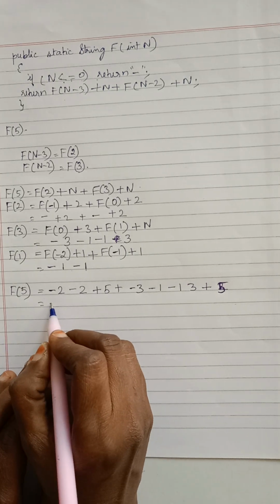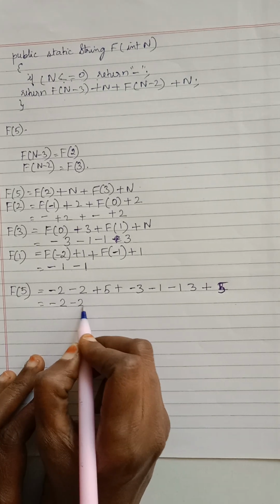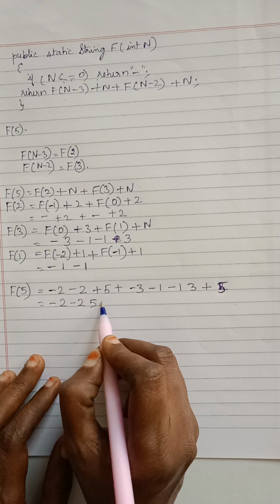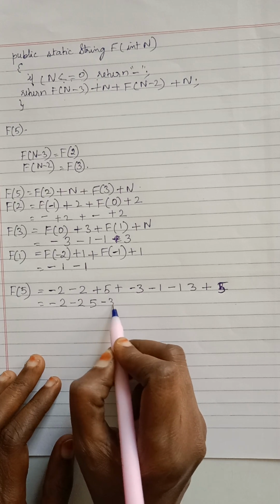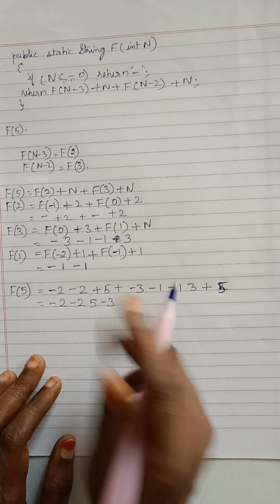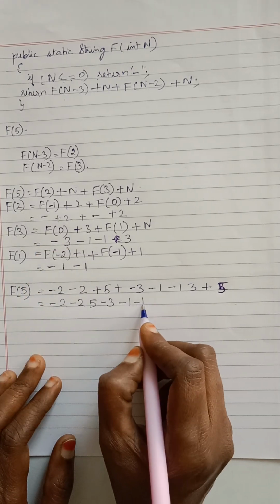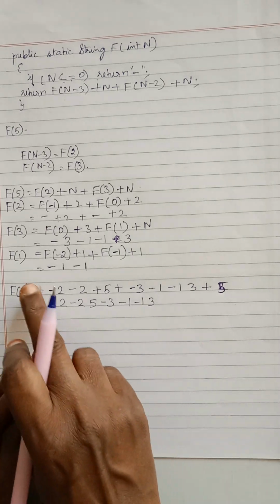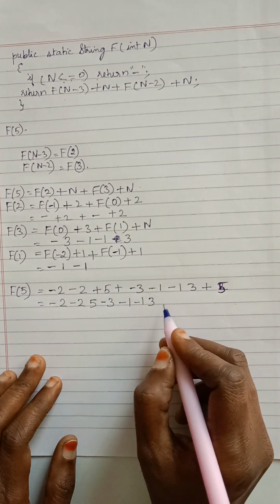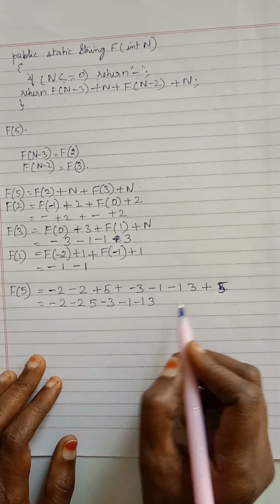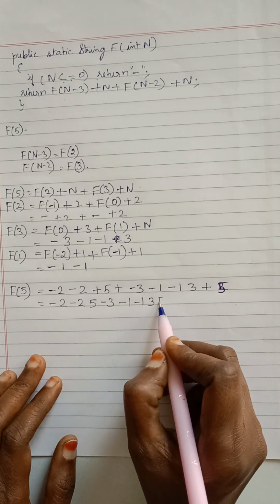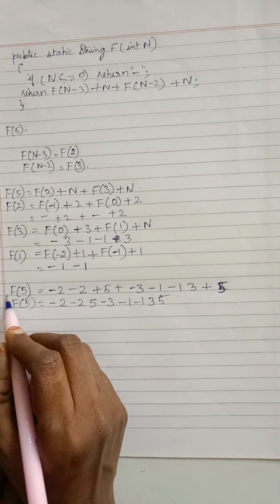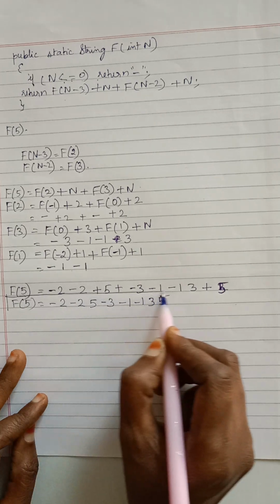It means it is hyphen 2 hyphen 2 5, hyphen 3 hyphen 1 hyphen 1 3 5. So this is the value of f(5).